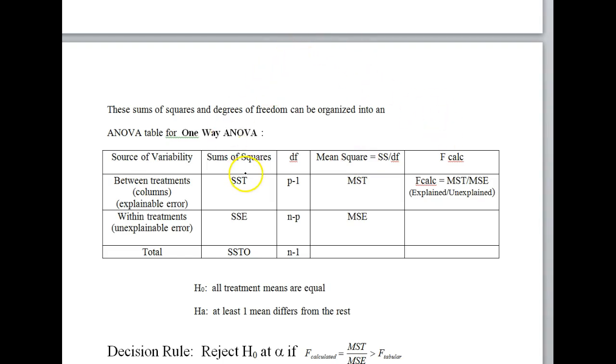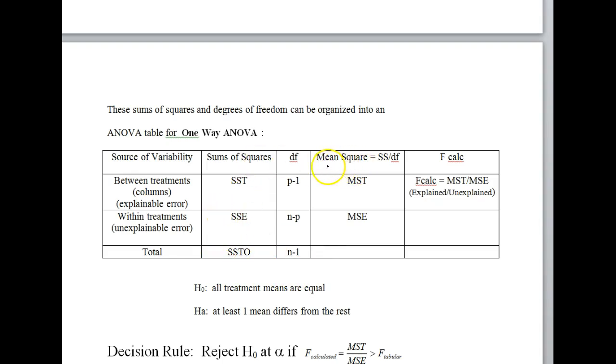So the stuff that we just found formulas for was the SST, SSE, and SSTO, and then the degrees of freedom. Okay. What's going to happen is we're going to calculate these, and we're going to total them up and do that whole thing.